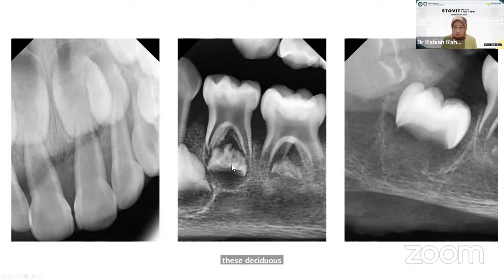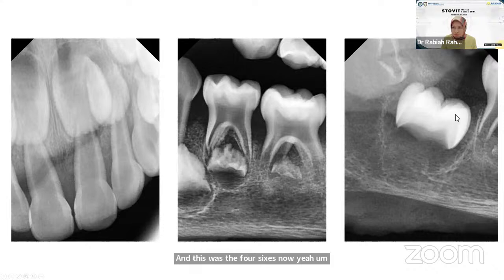So all these were examined, and this was the 4-6 just now. You can see that the enamel of 4-6 is still dense compared to the 4-5.